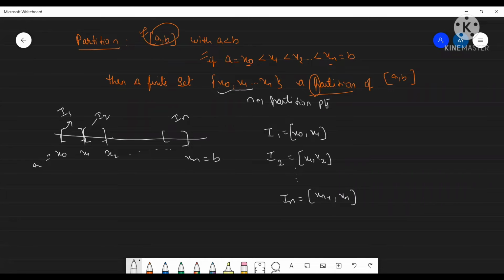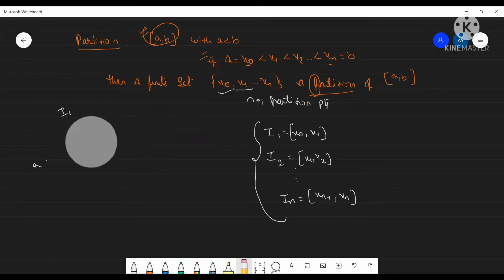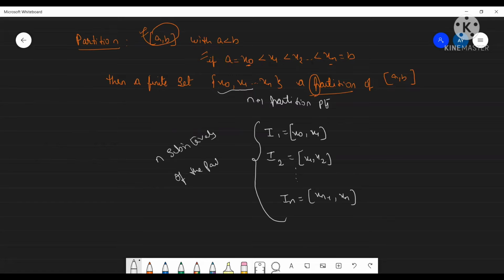These are known as n subintervals of the partition. Am I clear till here? Next. Or they are also known as segments of the closed interval a comma b.